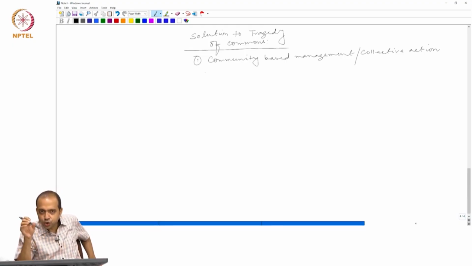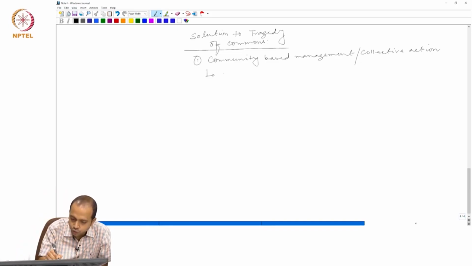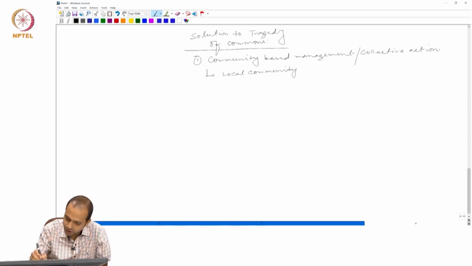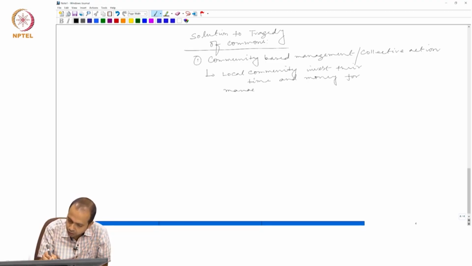Now, sometimes these resources are managed by the local community. The local community, what they do, they invest their time and money for managing the resource.